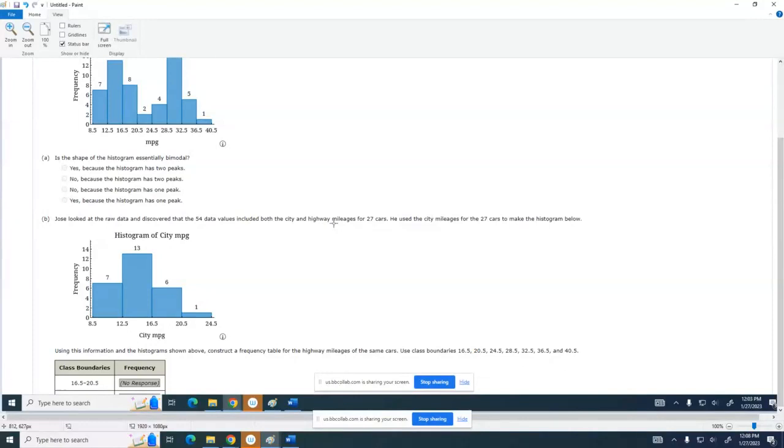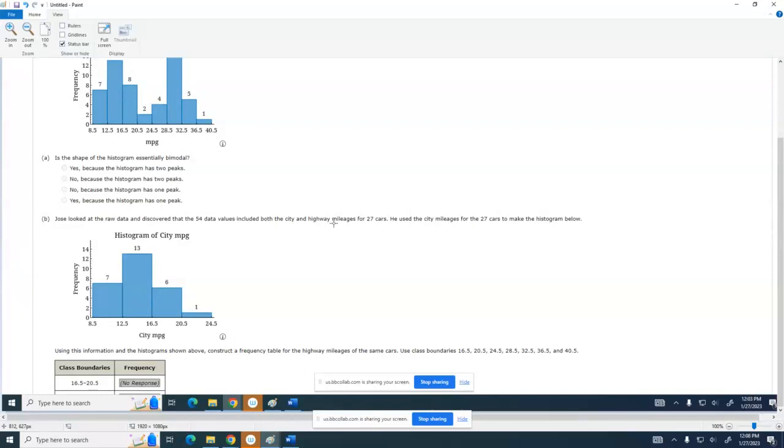You have to understand what this histogram is for, and what this one is for. Read carefully. Understanding comes first, and then apply. You understand what I'm saying, right? So please read the problems carefully and split city and highway.